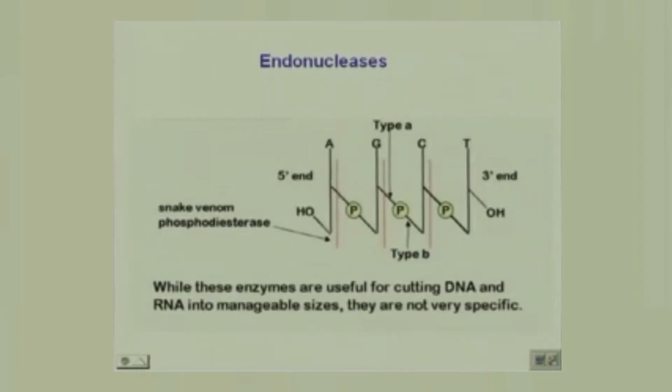Okay? So these enzymes are actually used for cutting DNA and RNA into manageable sizes, and they are used a lot in microbiology and molecular biology, where you have specific genes that are tailored to what you want to make, or which protein you want to make. You want to make a mutation in a polypeptide chain. You know the genetic code. You know what amino acid you want, and you know what bases you want for that amino acid to be made.